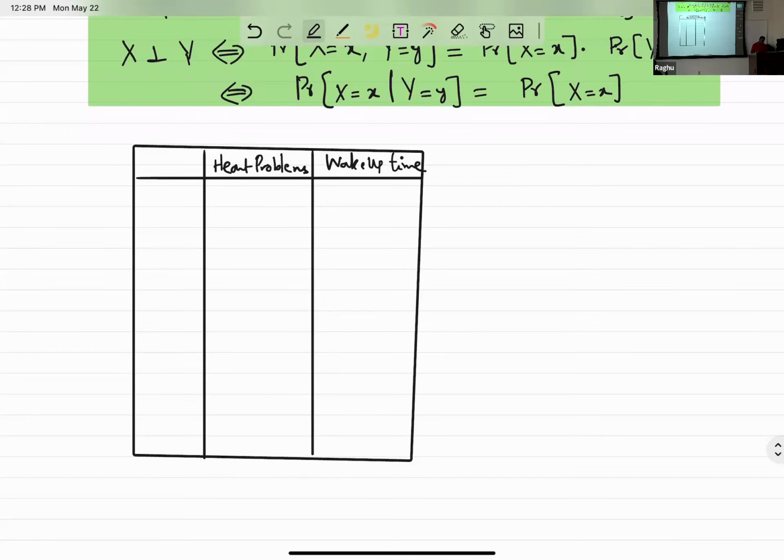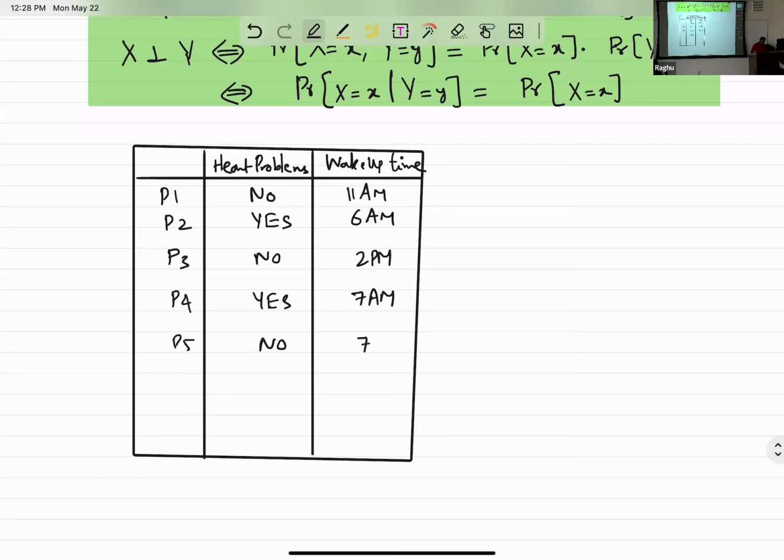Maybe person one says, no, I wake up at 11 a.m. Person two says, yes, I wake up at 6 a.m. Person three says, no, I wake up at 2 p.m. Person four says, yes, I wake up at 7 a.m. Person five says, no, I wake up at 7 a.m. and so on.